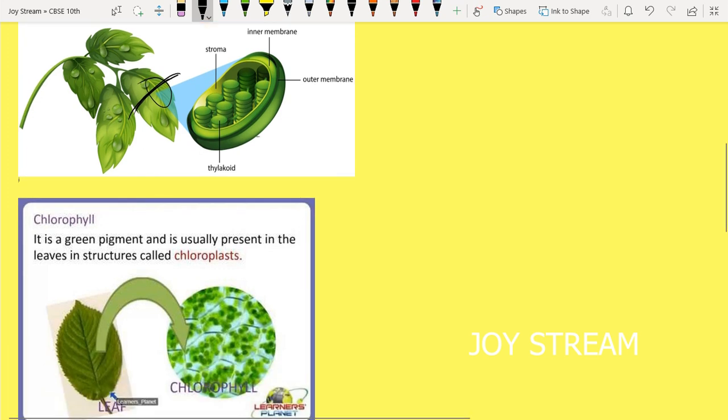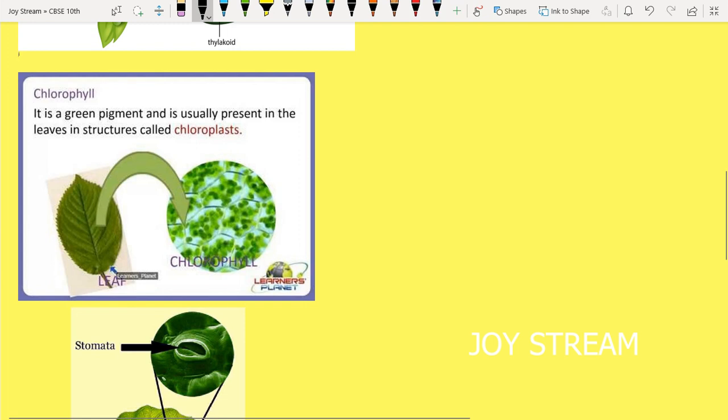See, this is the digital picture and this is a real microscopic picture of the presence of chlorophyll. Look at here, this is chloroplast. The green dots which are present inside are called chlorophyll. The presence of chlorophyll gives you the green color of the plant.